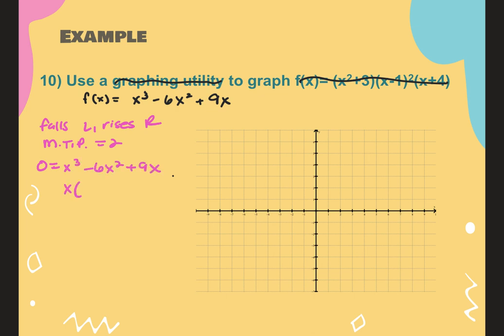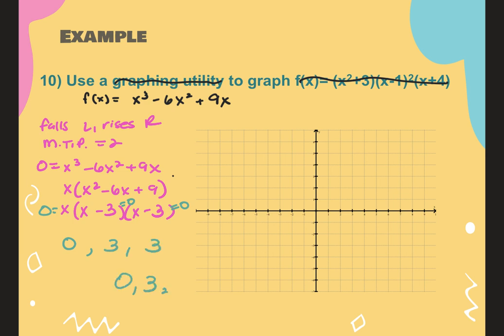I'm going to take out the x. Factor it. Factors of the positive 9 that sum to -6 would be -3 and -3. Split and solve, and I get 0, a 3, and another 3, which means 0 and 3 with a multiplicity of 2 on that 3.